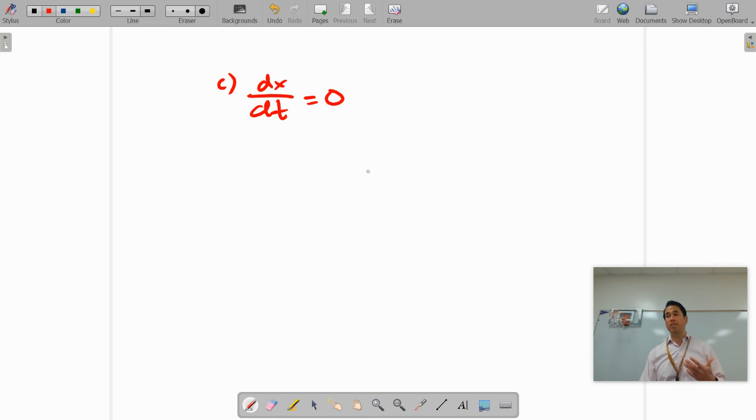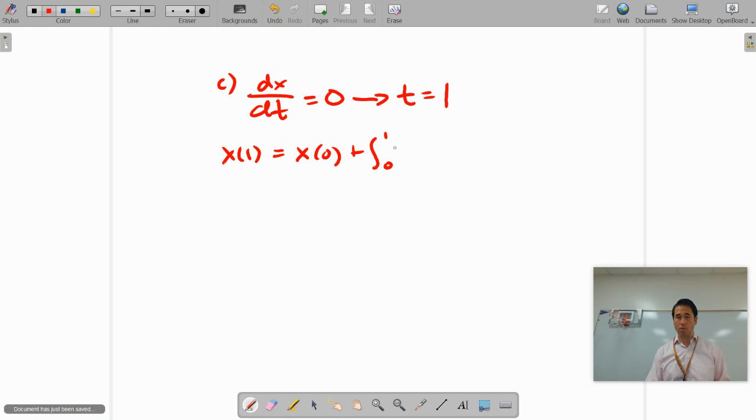If you do that and you graph, you notice that it is equal to 0 at time t equals 1. Now we need to find out where this position is at that point in time, so we're going to find x of 1. x of 1 is going to be equal to x of 0 plus the displacement from 0 to 1, and if you plug all that into your calculator, that is approximately equal to negative 2.064.